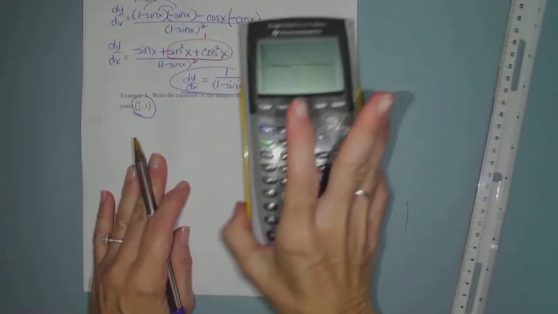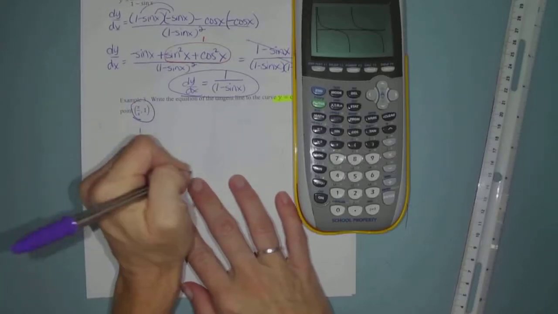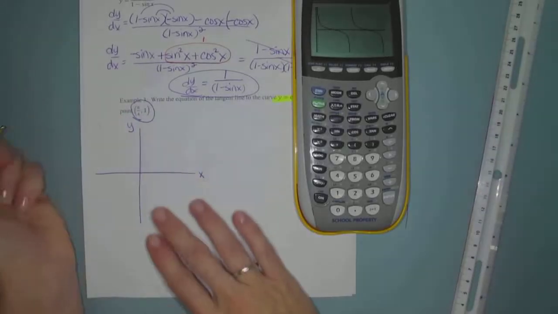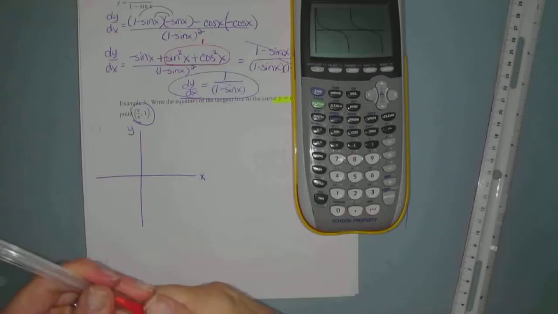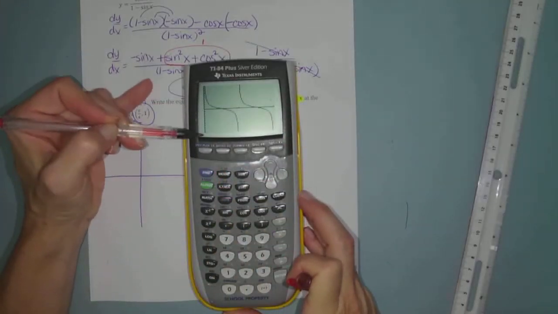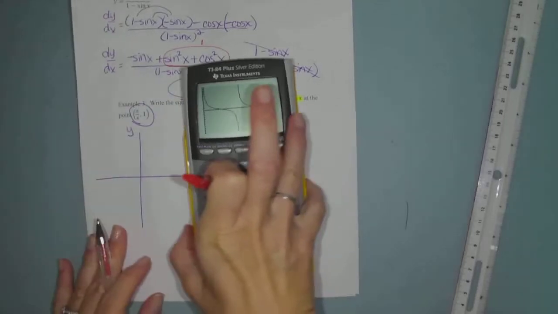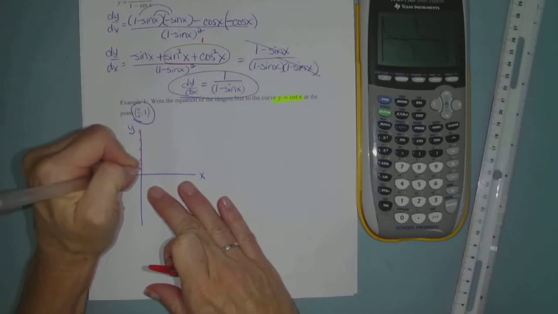So I'm just going to copy this onto my paper. I've got my y-axis and my x-axis. I look to have a vertical asymptote at 0 and at pi, so I'm going to put a vertical asymptote here at 0.